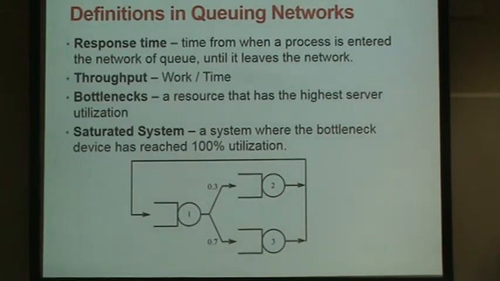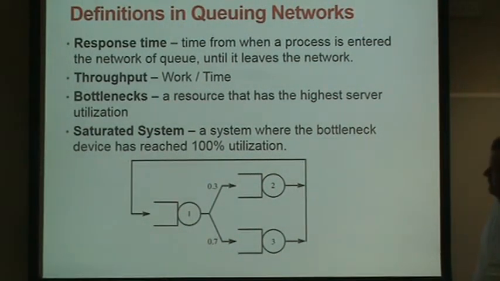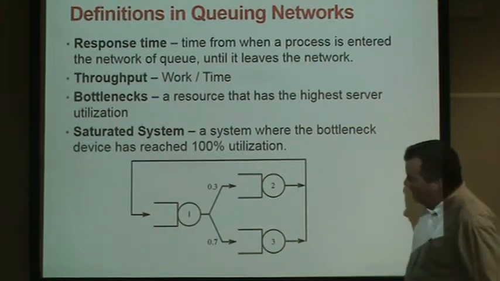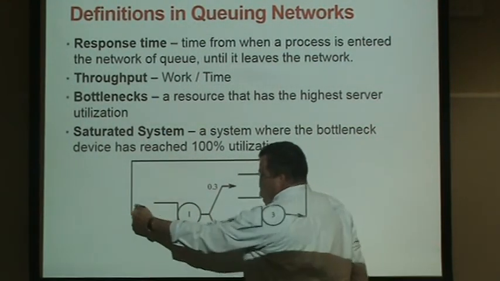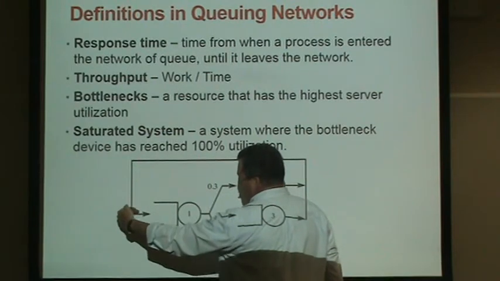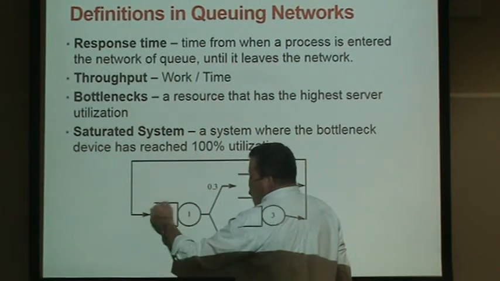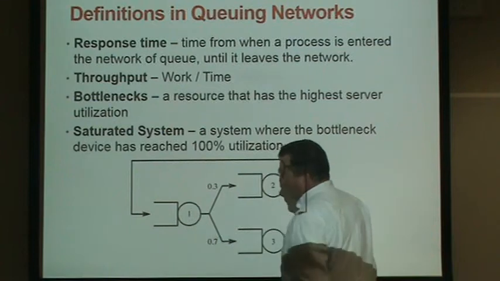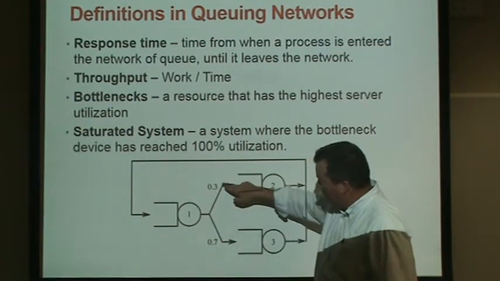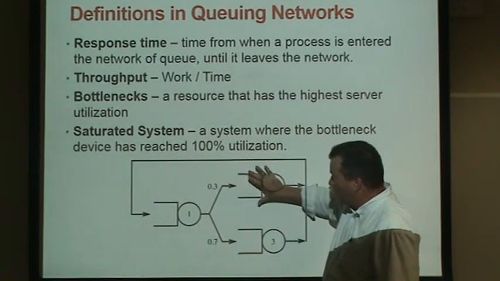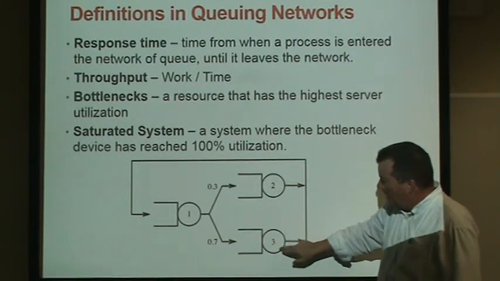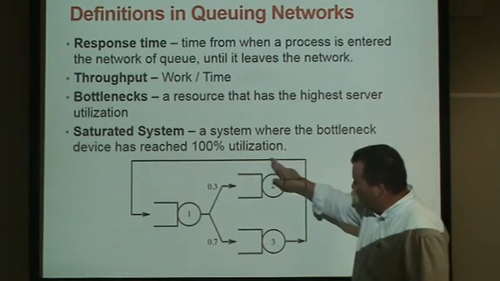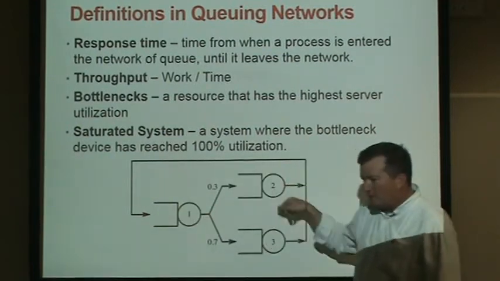Okay, and then we could have a queuing network. We could have a queue, let's say jobs or processes arrive at this queue, they go through the queue, they get served, and then once they leave, maybe 30% of the time they go to this queue, and 70% of the time they go to this queue, and then when they're done, they go back to this queue, and they just keep going like this.